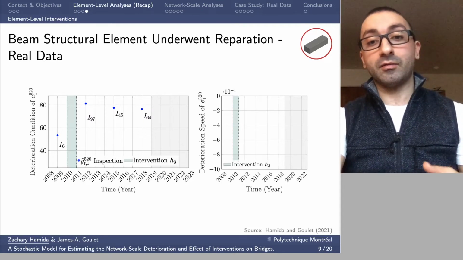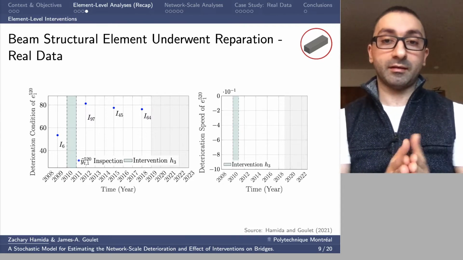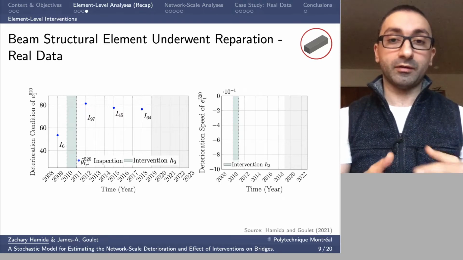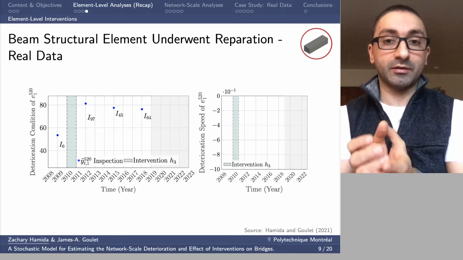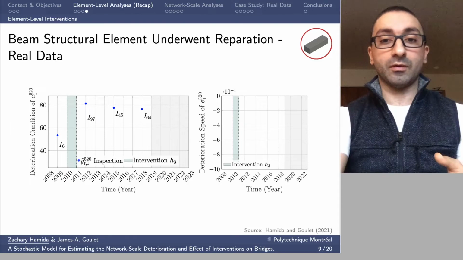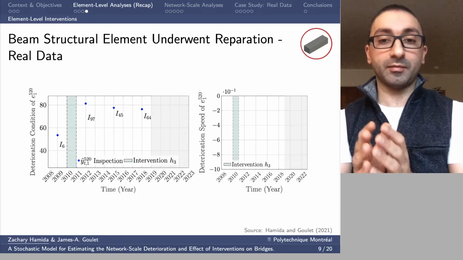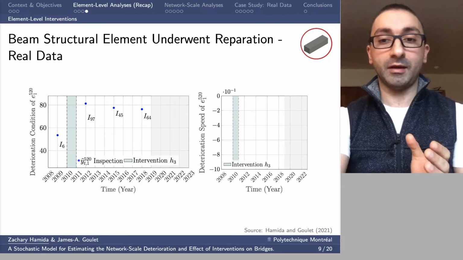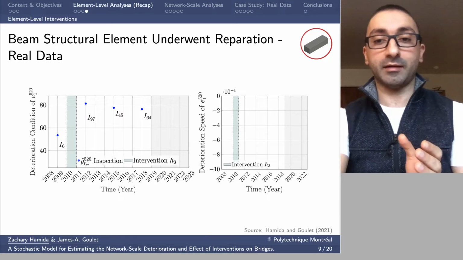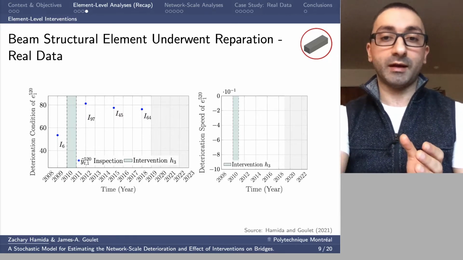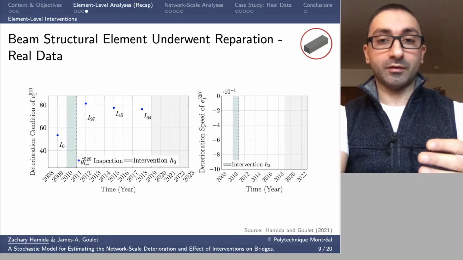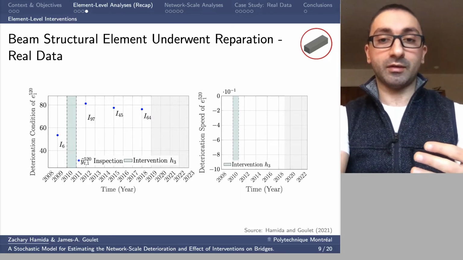This is for the condition, and the x-axis is the timeline on a yearly scale, and the y-axis is the condition. As we described earlier, we are using a kinematic model, so we also characterize the deterioration speed. The figure on the right represents the deterioration speed, with the timeline on the x-axis and the deterioration speed on the y-axis. Again, the intervention is at year 2011.